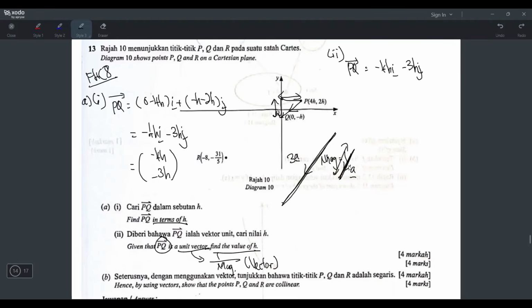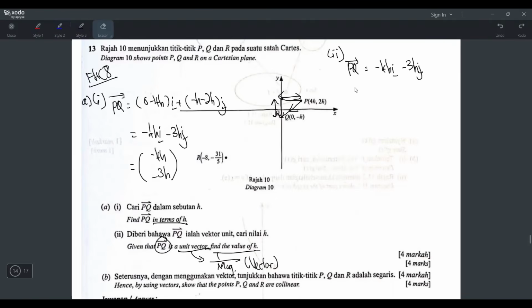So unit vector is when the vector has the same direction as the other vector, but the magnitude is 1. Repeat one more time: when I say this is the unit vector of this, it means this vector is the same direction as this, but the magnitude is 1. Same direction means they are parallel. Only the magnitude is 1.